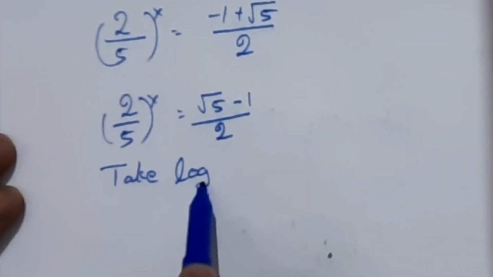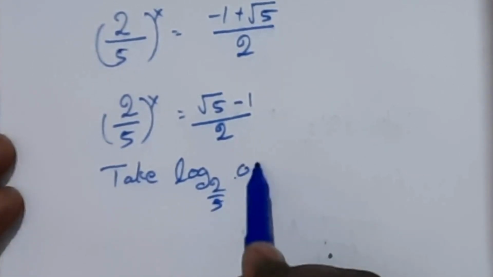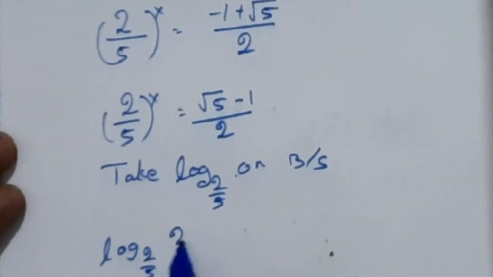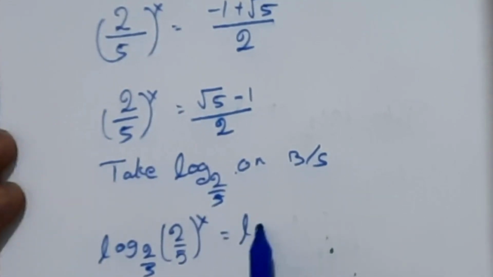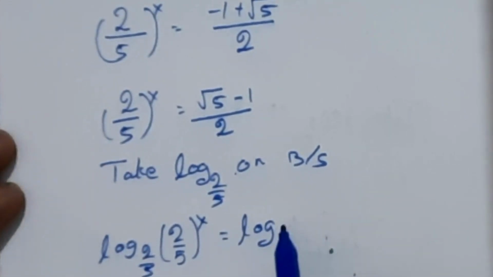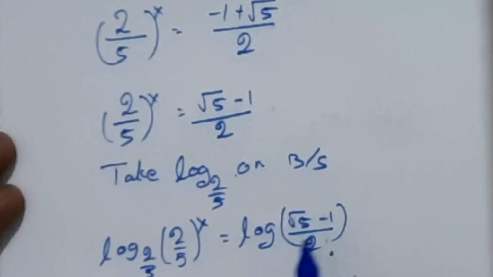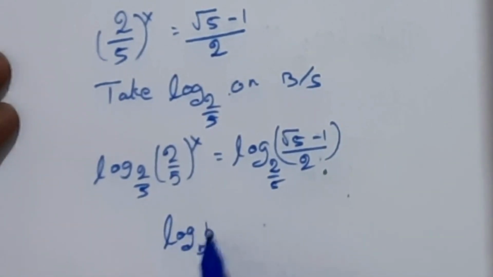Take log base 2 by 5 on both sides. So log base 2 by 5 of 2 by 5 whole power x equal to log of square root of 5 minus 1 by 2, base 2 by 5. Log base b of b to the power a equal to a.